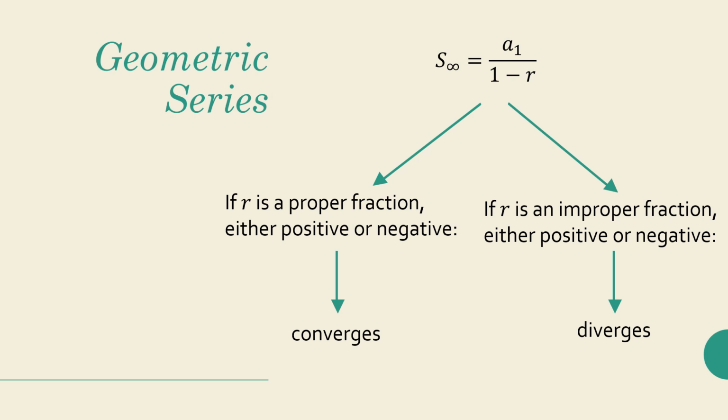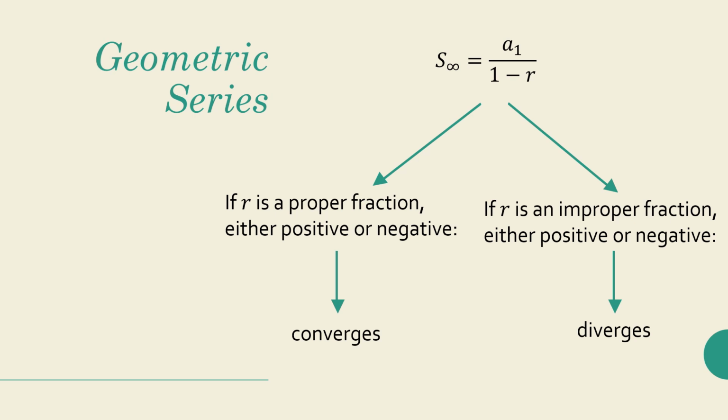But if r is an improper fraction, for example 9 over 2, negative 3 over 2, or negative 5 over 2, either positive or negative, then the sum does not exist, or they diverge.